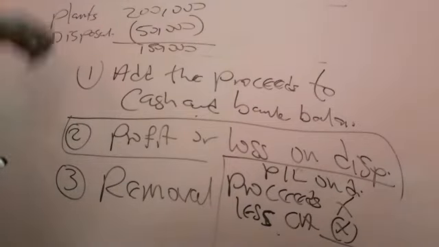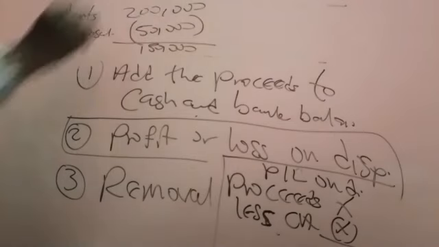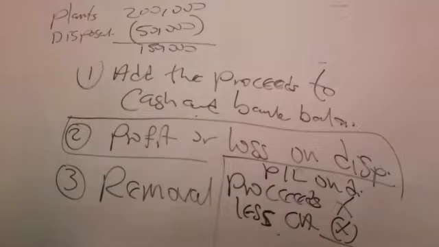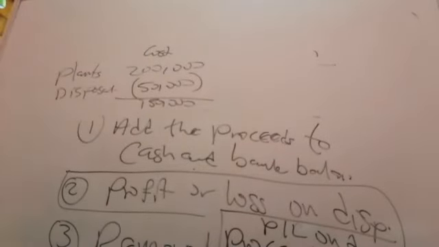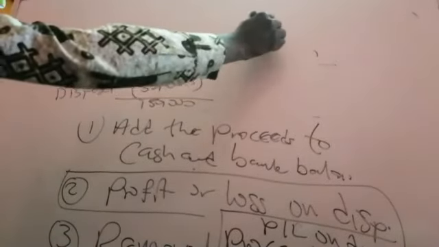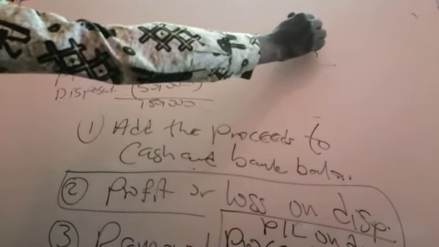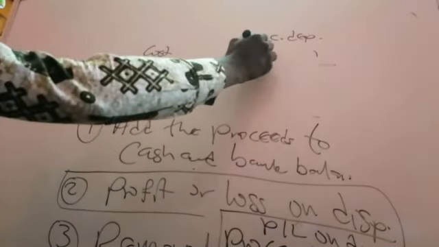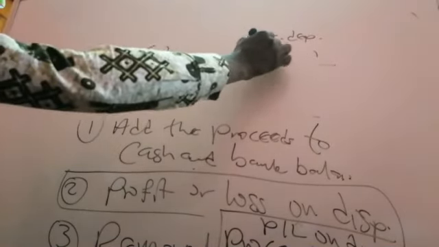So cost from cost. Then you go to accumulated depreciation. So this is the cost section. And then accumulated depreciation. Let's assume that the accumulated depreciation of the entire asset is 100,000.